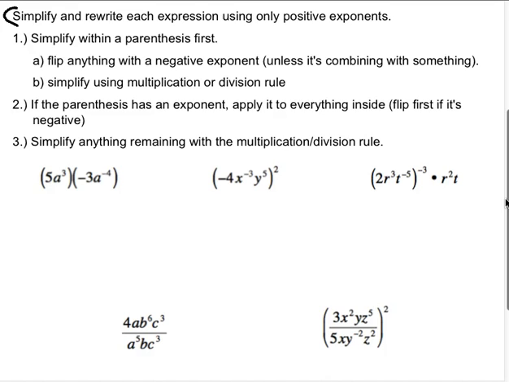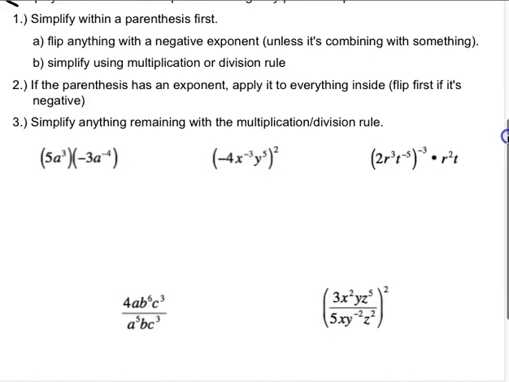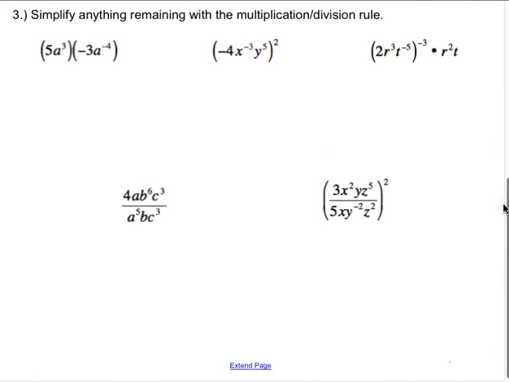So I'm just going to dive into the first example. Again, if you ever wonder why I'm doing what I'm doing, or what step I'm at, reference those steps 1, 2, and 3. For this first one, when you're simply multiplying two things together, if there are numbers, here 5 times negative 3, you just multiply those numbers together. 5 times negative 3 gives me negative 15.